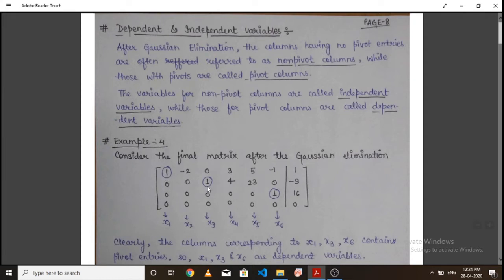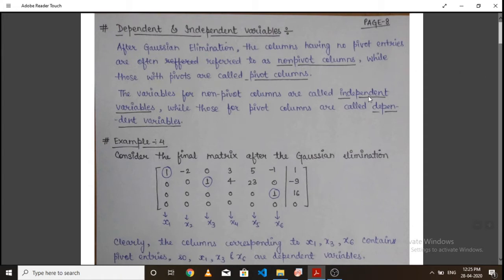In column number 3 we have a pivot entry. In column number 6 we again have a pivot entry. So according to this definition, columns 1, 3 and 6 are your pivot columns, while columns 2, 4 and 5 are non-pivot columns.